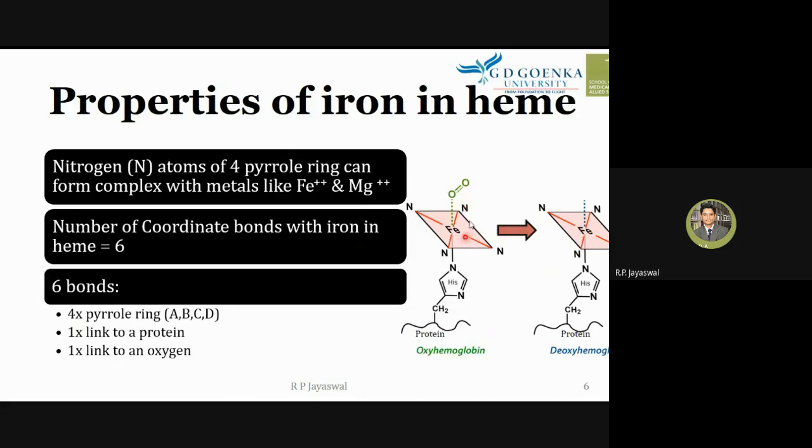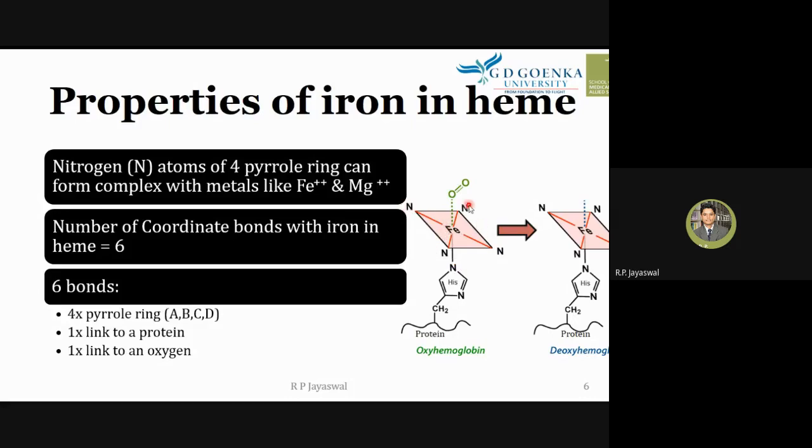So the nitrogen of each pyrrole ring is bonded with iron. One bond is linked to a protein, the globin protein, which is the fifth, and the sixth bond is linked to oxygen. So iron can make 6 coordinate bonds; it can bind with 6 different atoms.